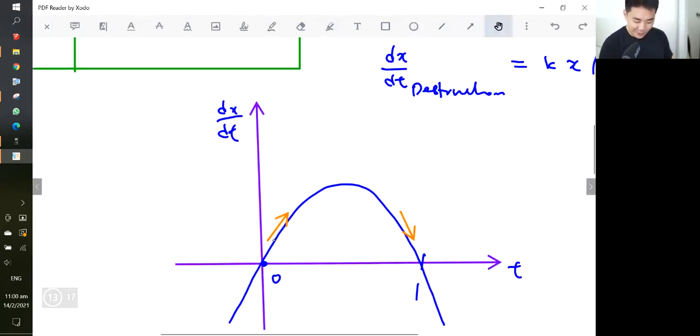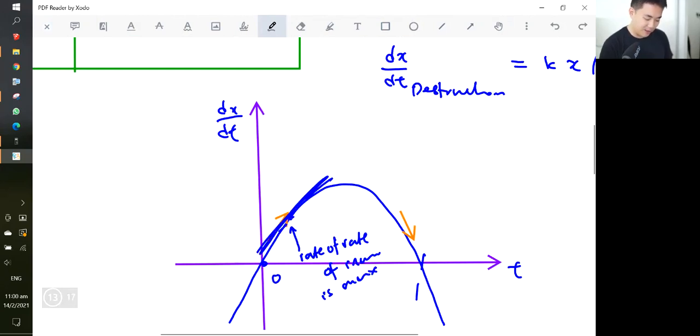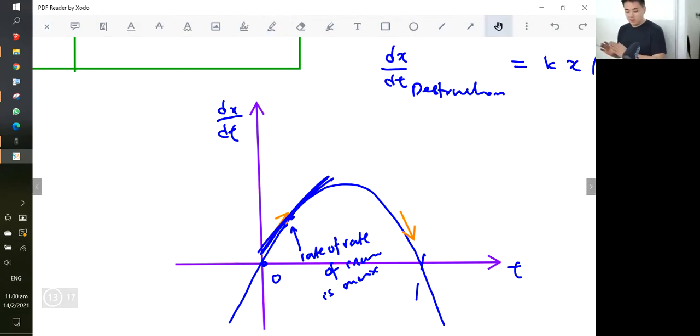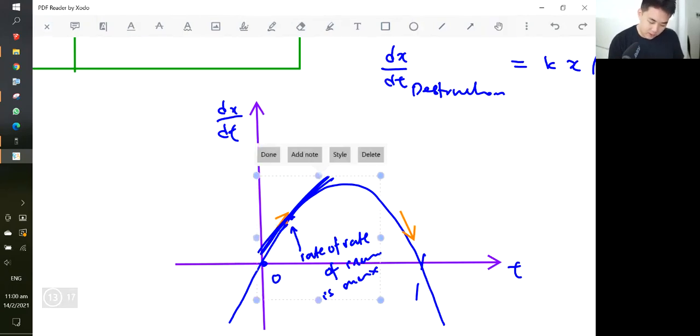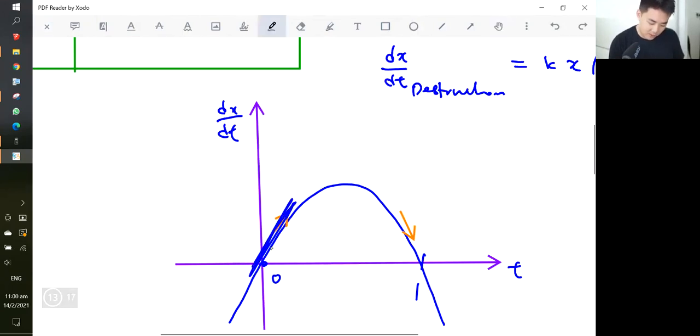You realize that the rate of increase is maximum here, around here, where this is the steepest slope. The steepest slope shouldn't be here. The steepest slope should be here, around here.